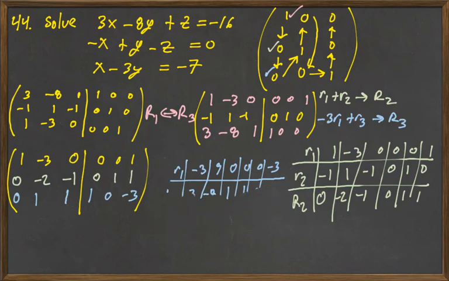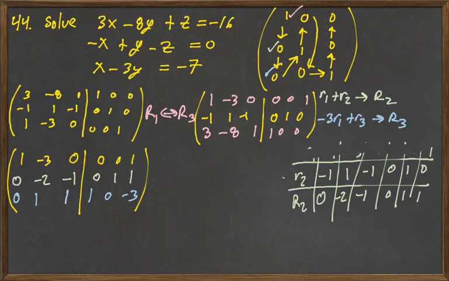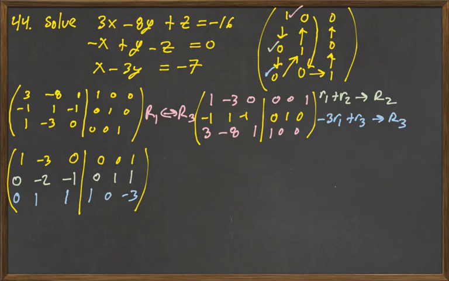Okay, so we'll clean this up because we need a lot of paper or board space to do this. Okay, so the next thing we'd like to do is make a 1 there. And we already got the 1 here, so we don't want to do a row swap with row 1 because then that would move it down here or here. We don't want to do that. So I have two choices.